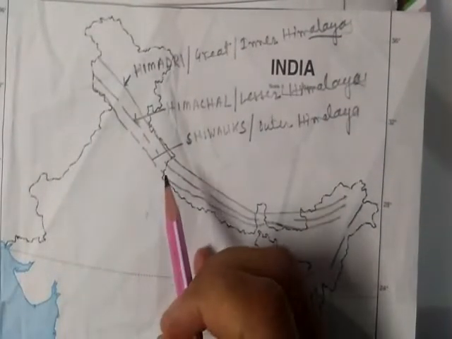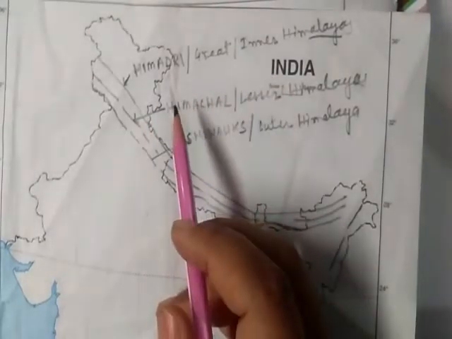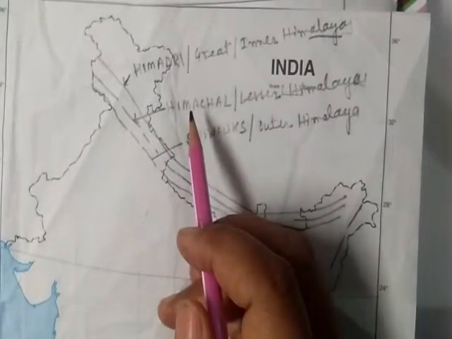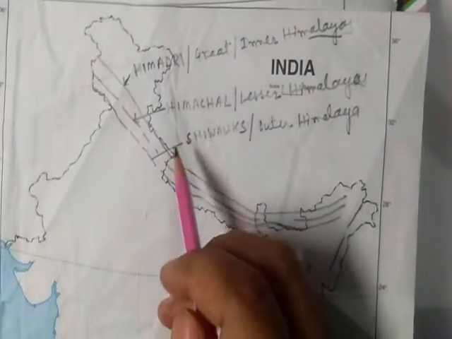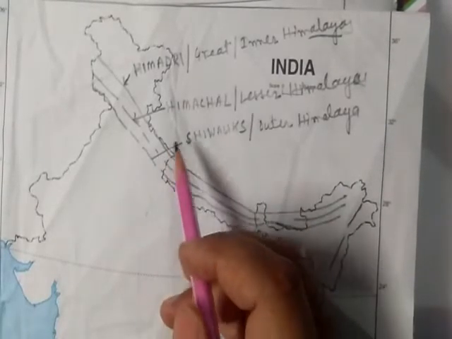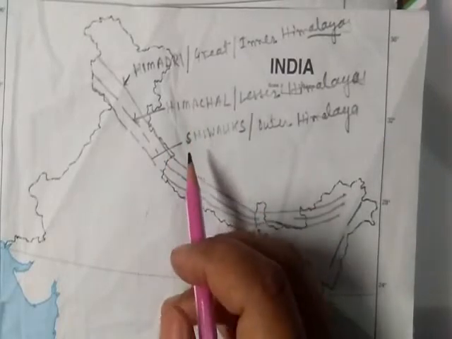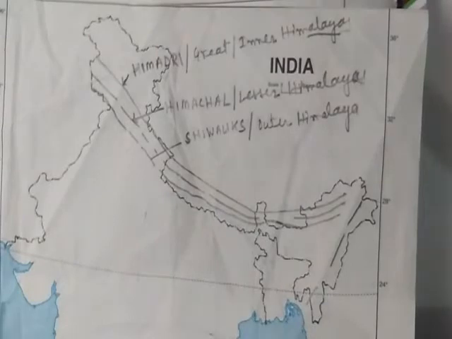So Himadri, also known as Great or Inner Himalayas, has an average height of 6,000 meters, is permanently snow covered, and is the birthplace of many glaciers. So these were the features of Himadri.